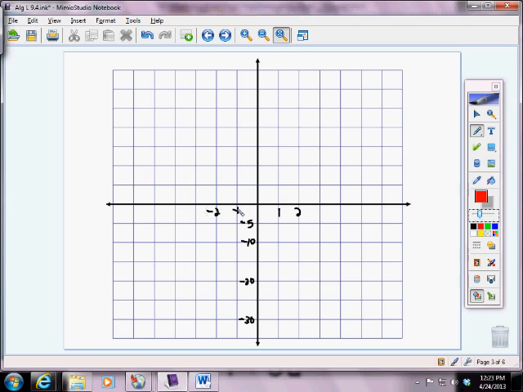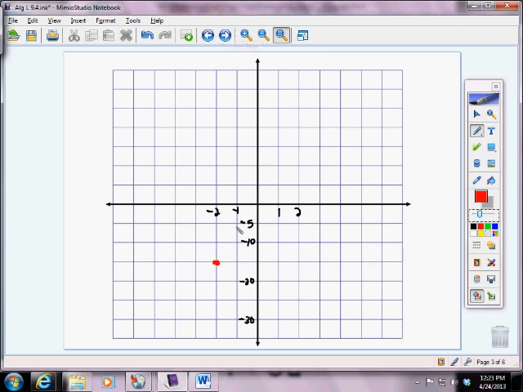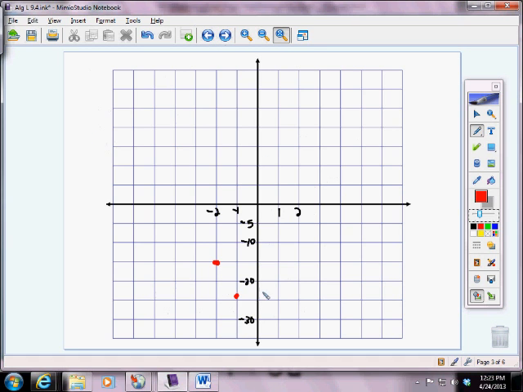So -2, -15 would be right here. -1, -24 would be about here. 0, -27. 1, -24. And 2, -15.